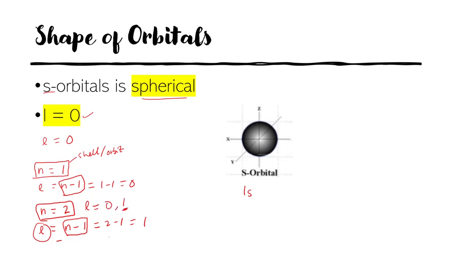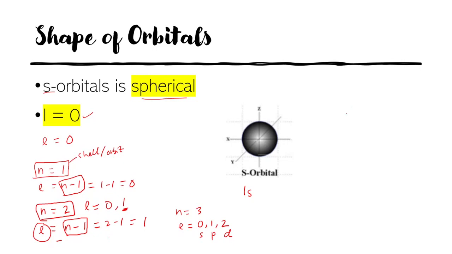Maximum number when n equals to 2 is 0, 1. And the same thing when n equals to 3. So when n equals to 3, L equals to 0, 1, 2 only. So it means there are 3 orbitals that can exist when n equals to 3. You can have orbital S, orbital P, and also orbital D.